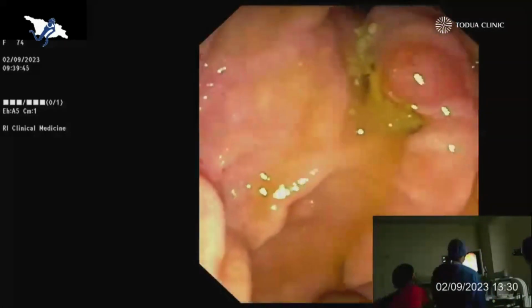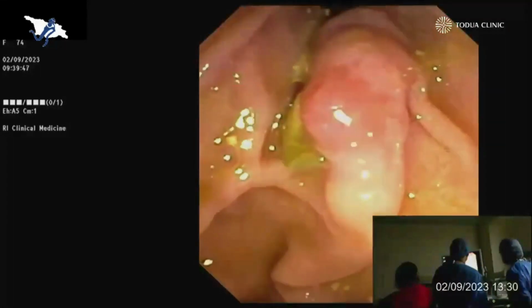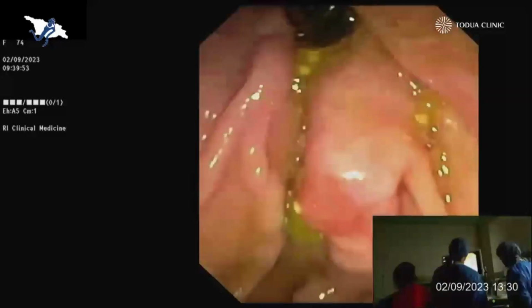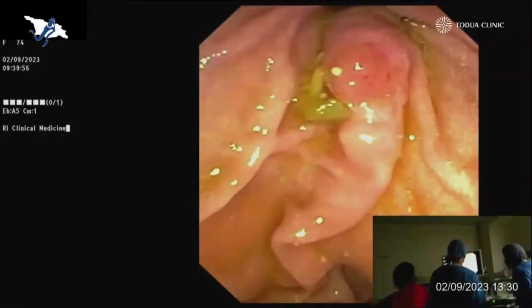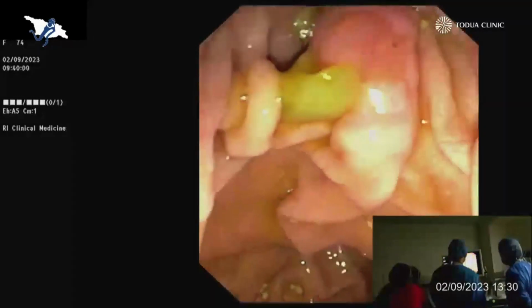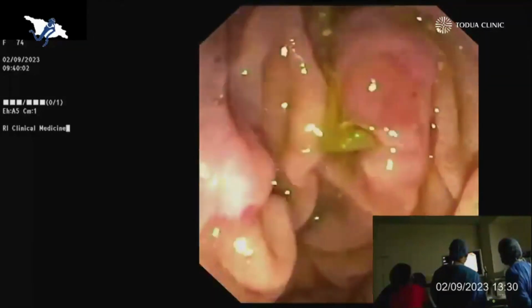So now, this is very important information. The patient has a duodenal diverticulum, which is relatively large. And here we see the papilla. So what I'm doing now, I'm checking the papillary orifice, and I'm insufflating a little bit of air and desufflating.